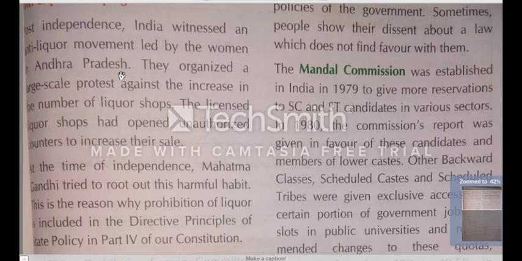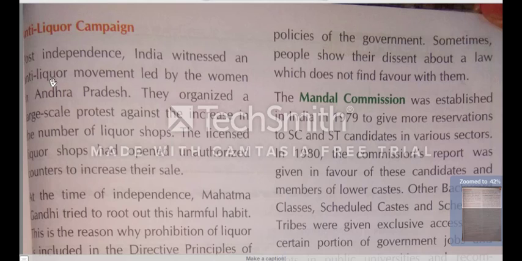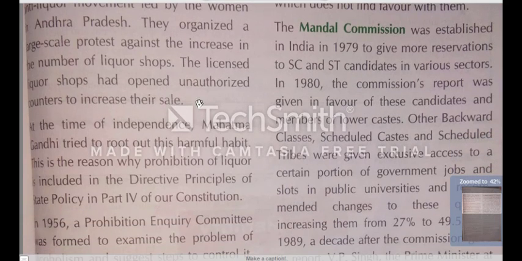When women saw that lots of liquor shops were opening day by day, they started to protest against liquor, and they also started an anti-liquor movement in which the licensed liquor shops had opened unauthorized counters to increase their sale.